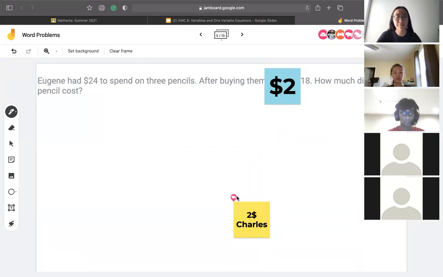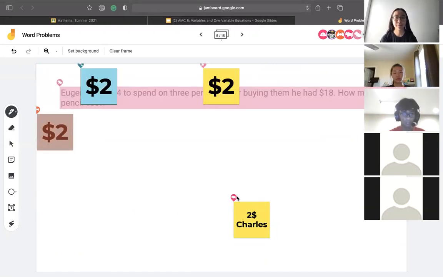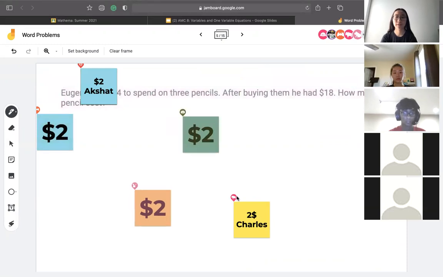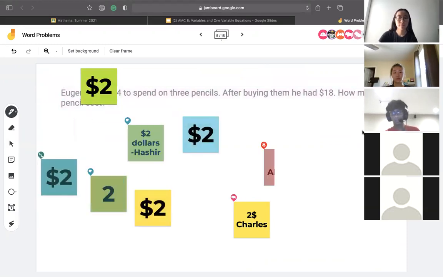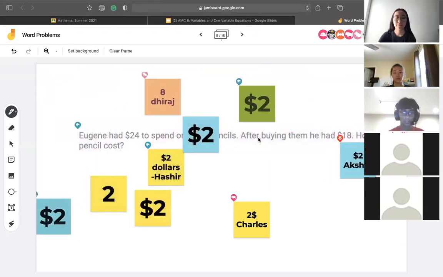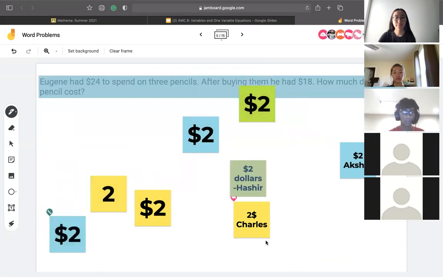All right, so let's switch it up a little, okay? You probably don't need to write an equation to solve this, but just for practice, what equation would you write to represent this problem? Where the cost of the pencil equals your variable.